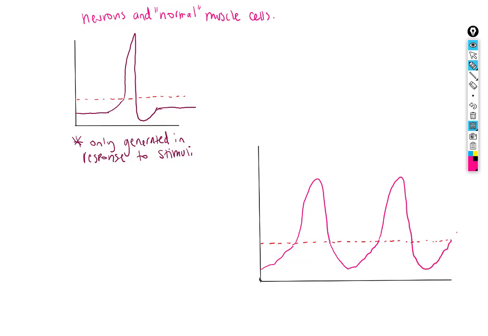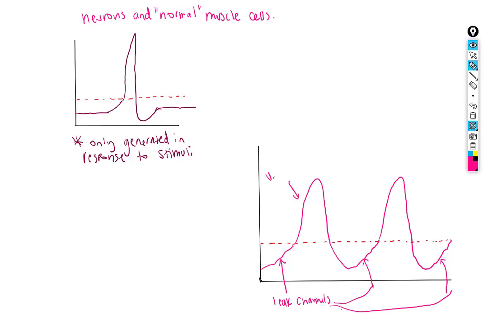So I'm going to draw an arrow to the part of the curve that is leak channels. And then the rest of the action potential waveform is generated by familiar channels that you already know about.